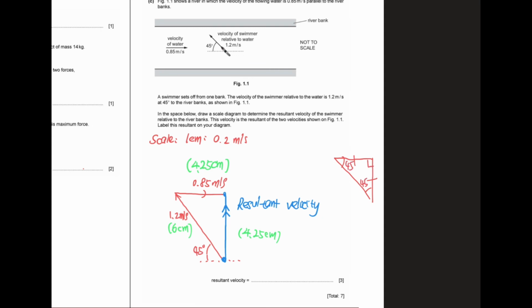Since here is 45, and here is 90, it's still suitable to use Pythagoras Theorem, but the question never expect us to use it. They ask you to draw a scale diagram. So you just draw, and then you measure 4.25 cm, and 4.25 cm is 0.85 meters per second. We get the resultant.